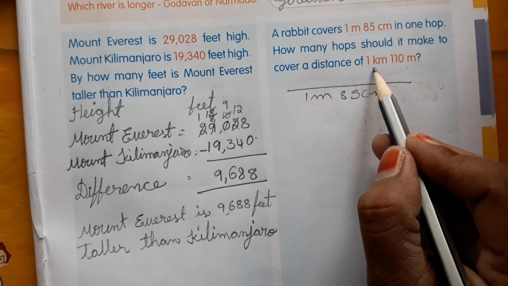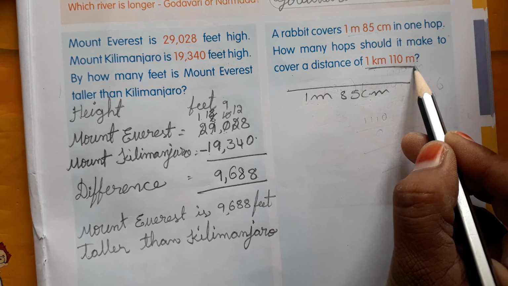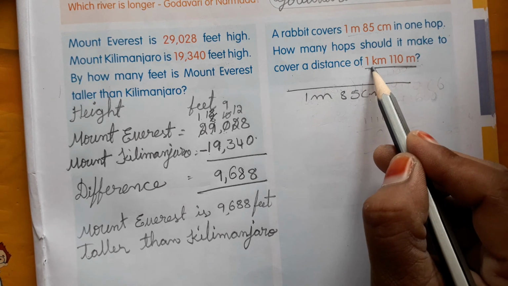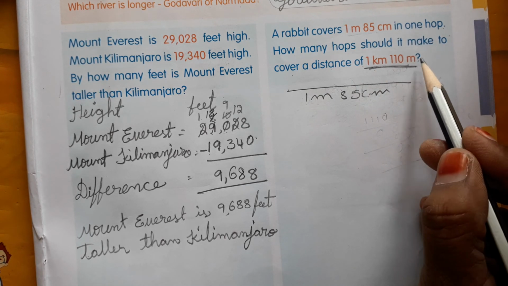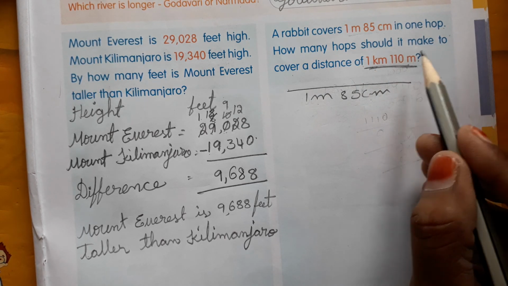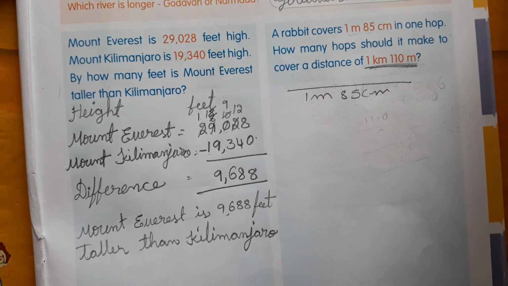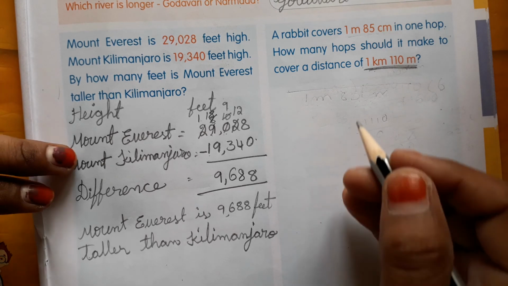And they have given some distance. 1 kilometer 110 meters distance. And asking if he covers 1 kilometer 110 meters, how many hops should he make to reach this distance? So here they have given one and are asking many, children.